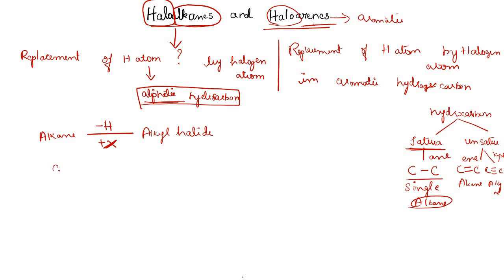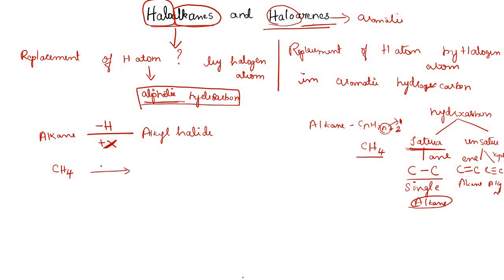See, for example, I'll take methane. What is the formula of methane? CH4. You know that for alkanes, how to write it easily, CnH2n+2, right? Meth means only one carbon, so n is 1 and you get CH4.